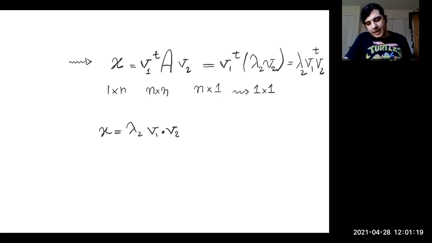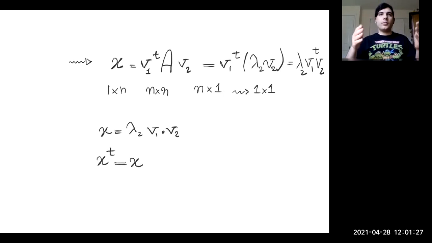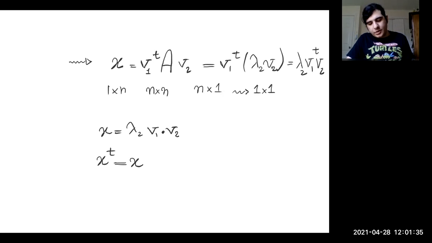Now, on the other hand, because X is a 1 by 1 matrix, its transpose is equal to itself. On a 1 by 1 matrix, the transpose does not do anything, right? But what is X transpose? Well, X transpose is the transpose of V1 transpose A V2.